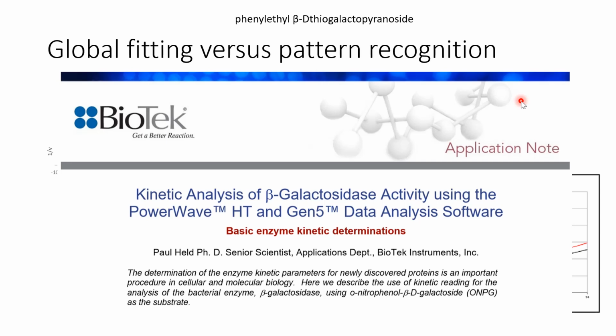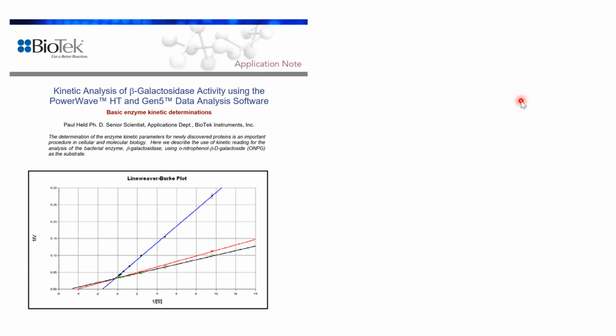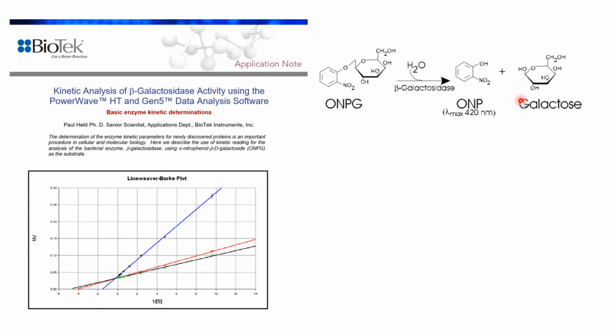This is used to instruct researchers on how to analyze their kinetic data that they get from their system here. And so there's not really any reason why this data shouldn't be competitive.